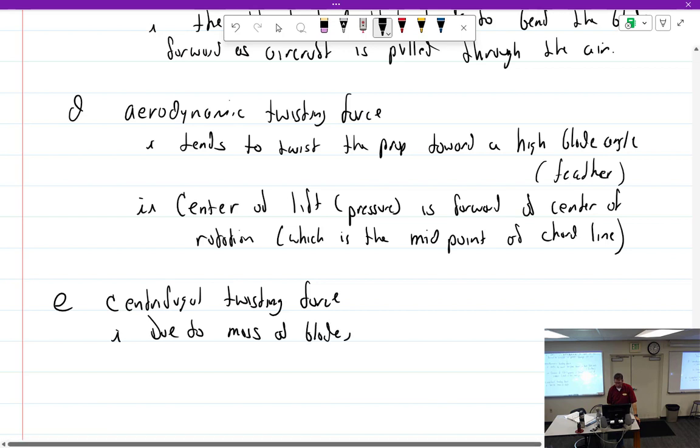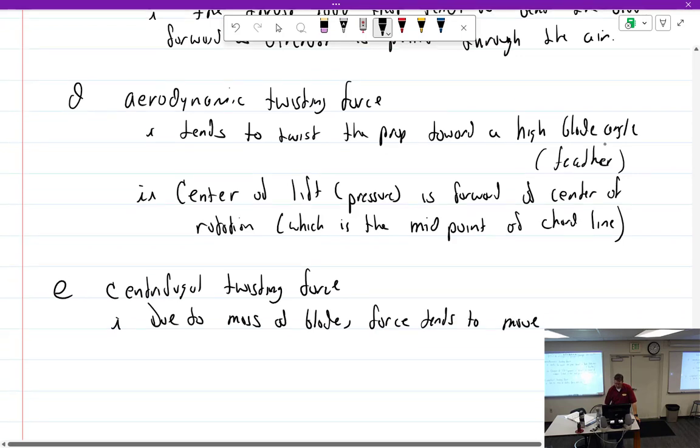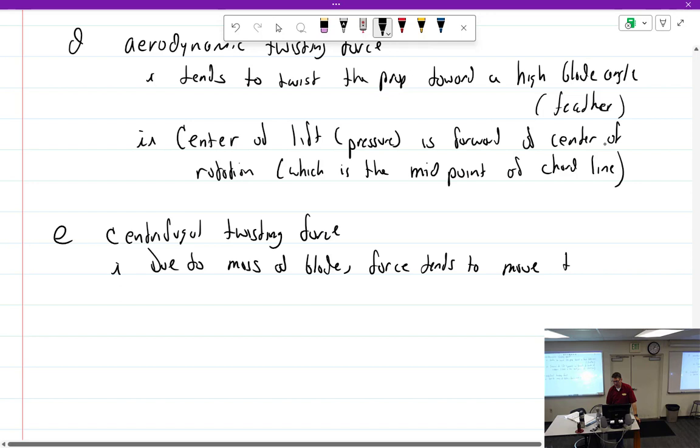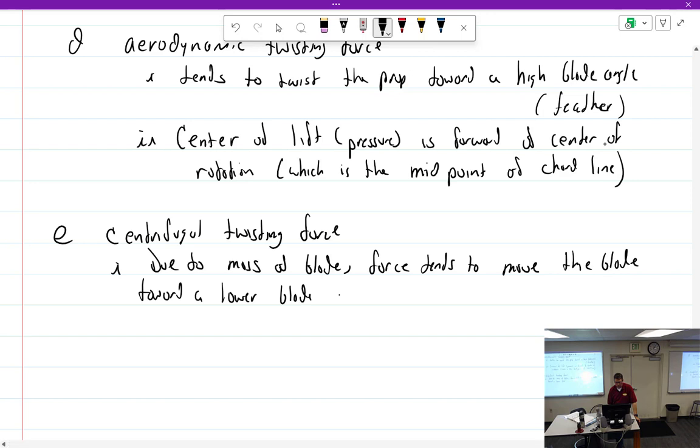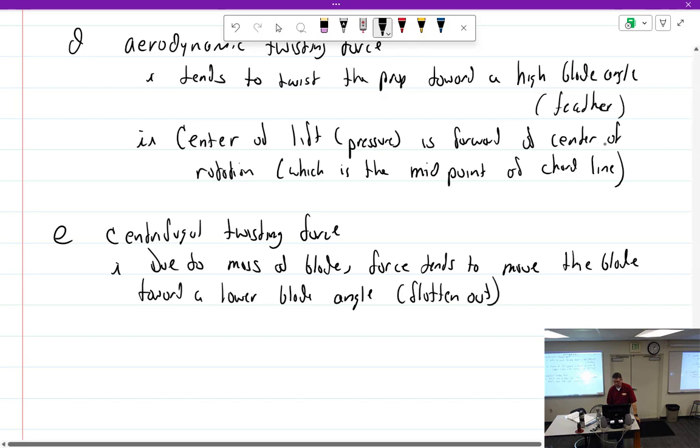Due to the mass of the blade, the force tends to move the blade toward a lower blade angle. Flatten out. If it's a fixed pitch propeller, what does it do?